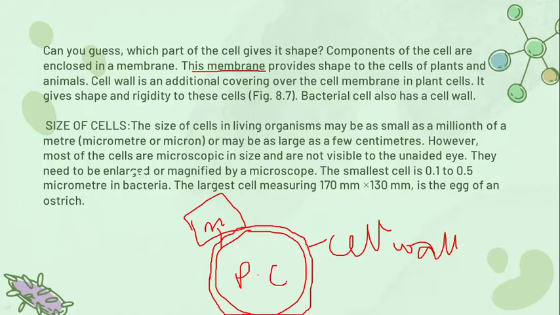The important point is that the cell membrane is present in both animal cells and plant cells. Only the cell wall is the additional covering which is present in plant cells. It gives shape and rigidity to these cells. Bacterial cells also have a cell wall.